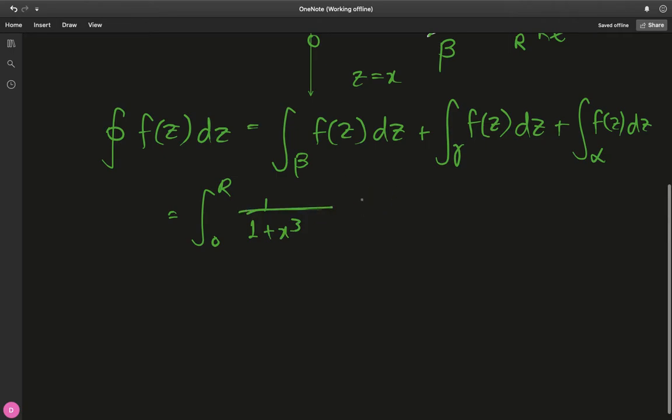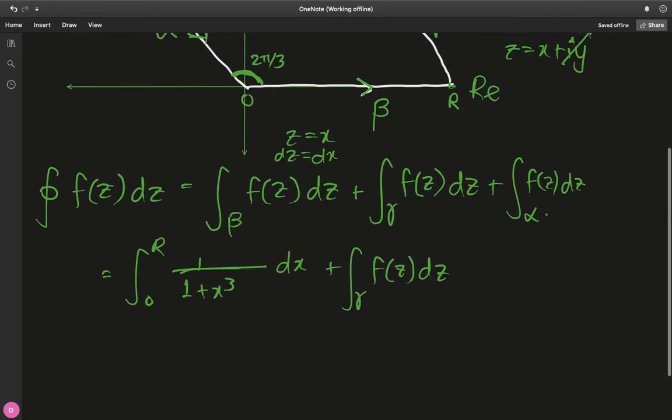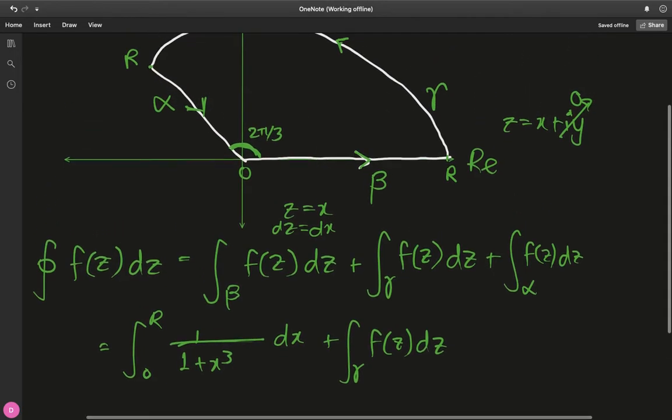And dz will be dx, naturally. We'll write the integral over gamma as it is for now.